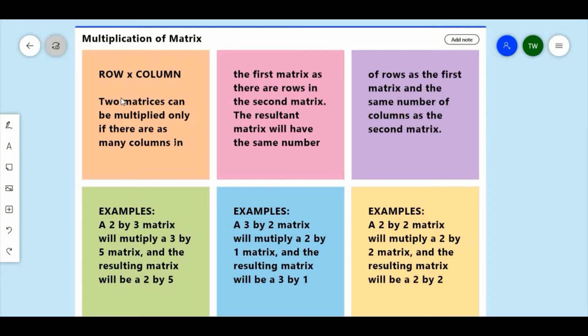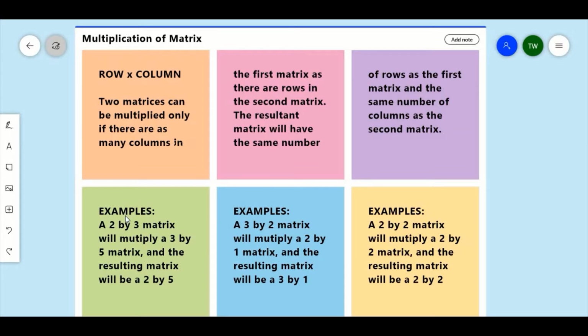You must also bear in mind that two matrices can be multiplied only if there are as many columns in the first matrix as there are rows in the second matrix. The resultant matrix will have the same number of rows as the first matrix and the same number of columns as the second matrix.